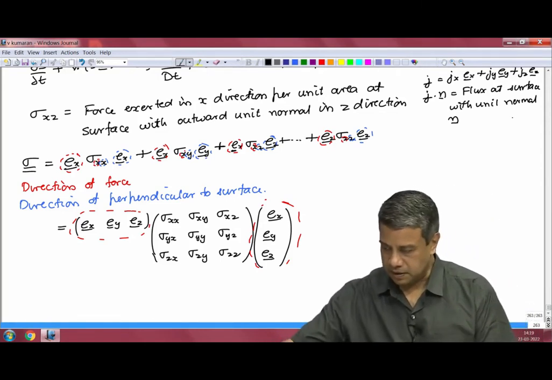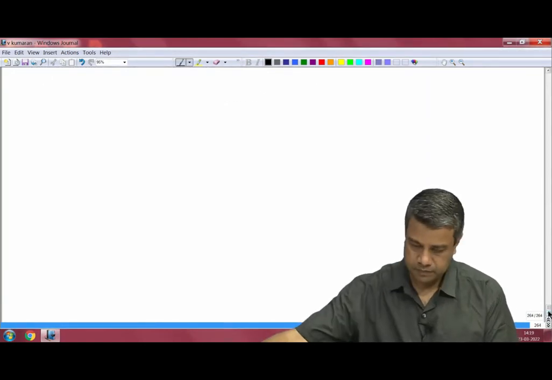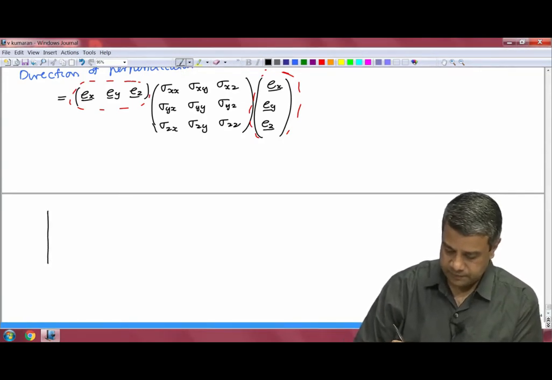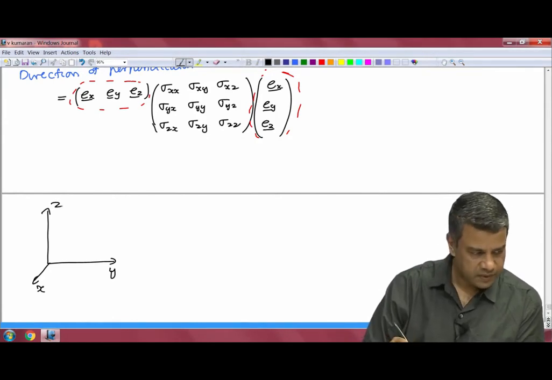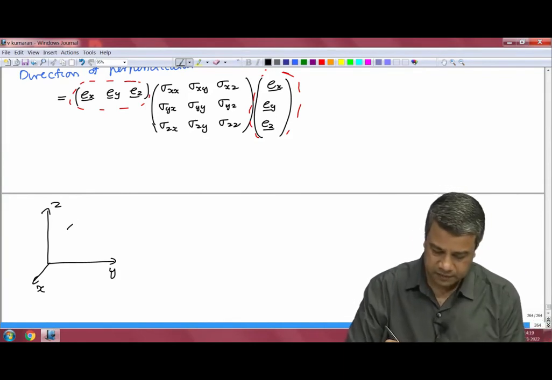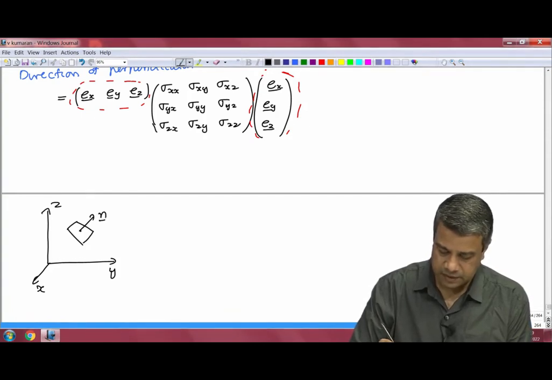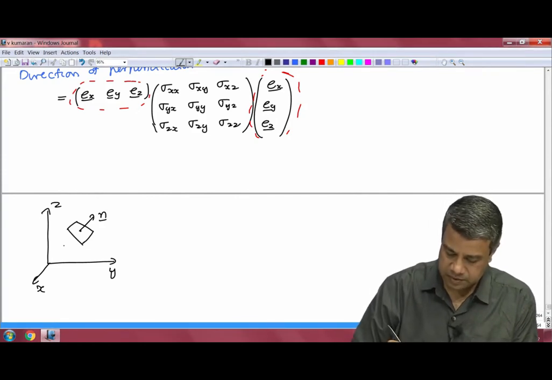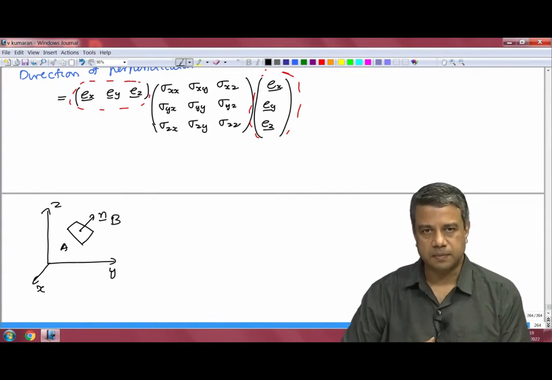So, for example, in three-dimensional space, if I had a surface with unit vector n, and it separated the space into two volumes A and B, with A below the surface and B above the surface.